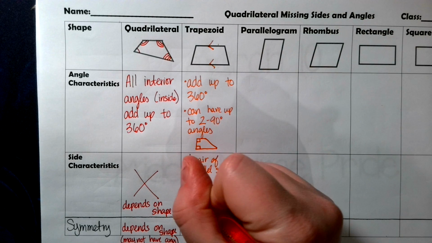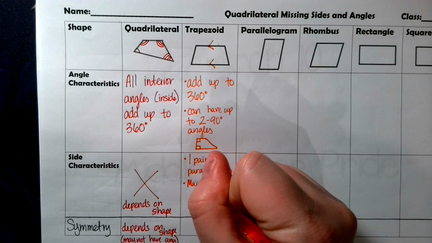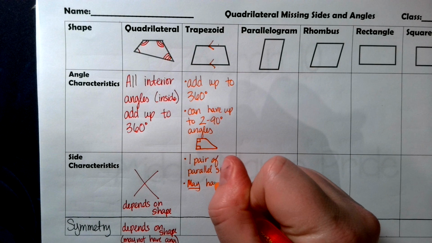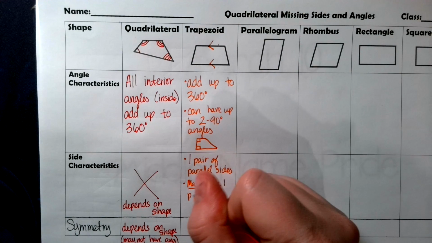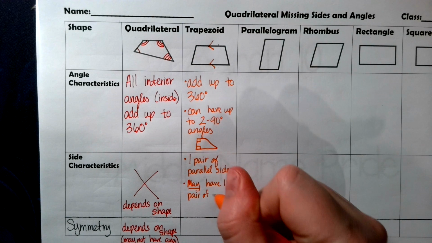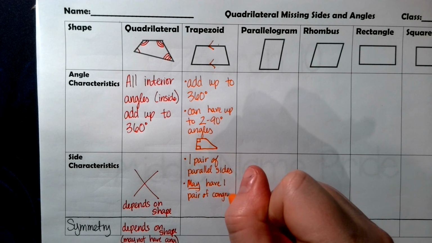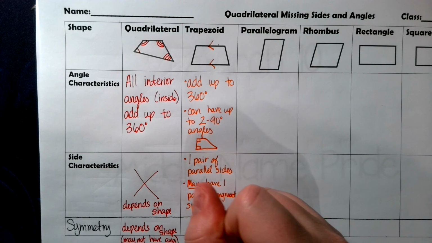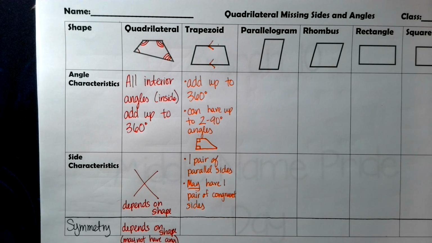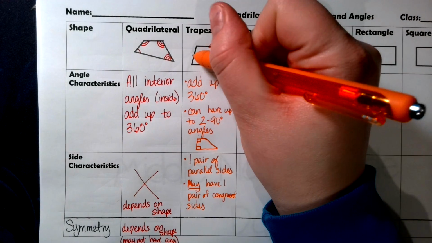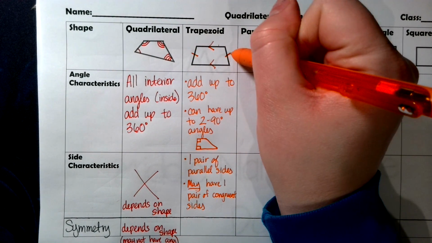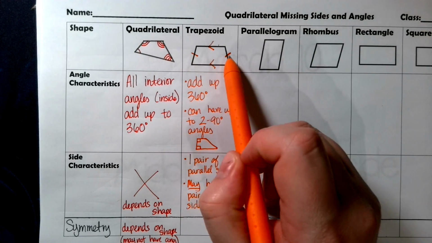They may have one pair of congruent sides. Again, they may or may not. If they did, they would show you that by using those tick lines on those sides.